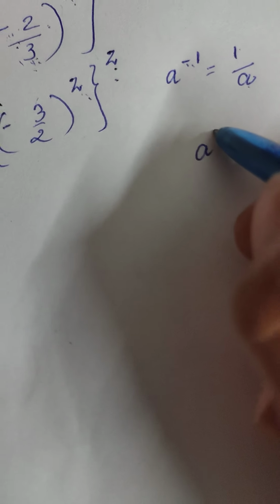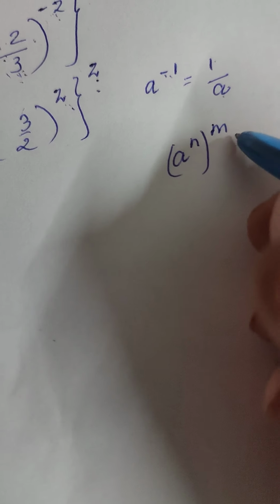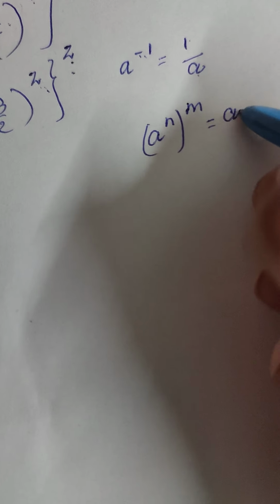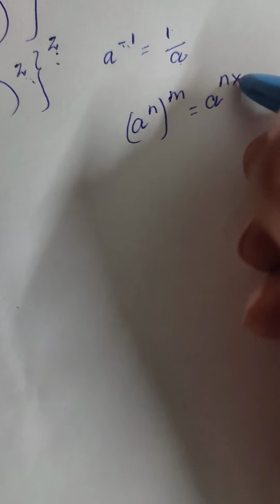Now again one law we know, that is (a^n)^m gives us a^(n×m). This we have studied before. The same way we will be doing this. Minus 3 by 2, then 2 into 2, I am directly writing here 4.